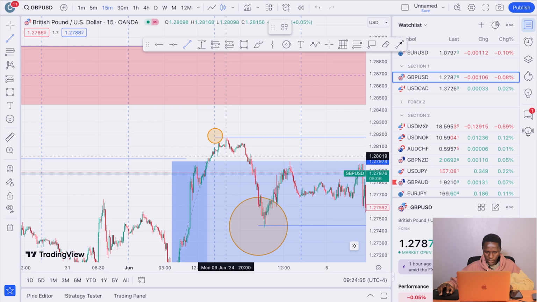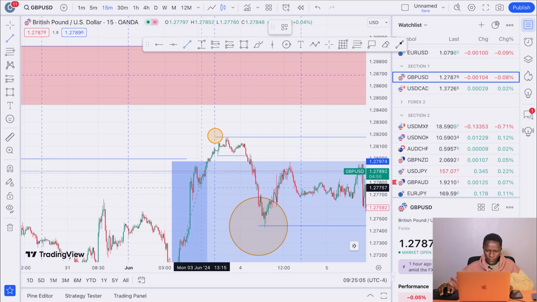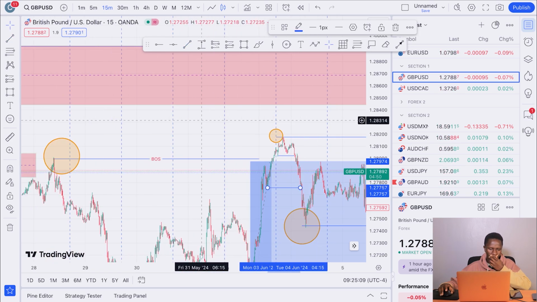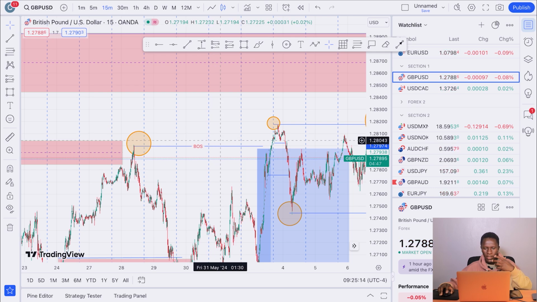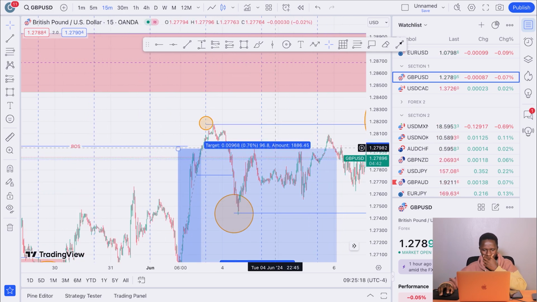It was following structure. Let me break this down so that we don't waste much of our time. This was our inducement, and this here was our choke, because the market had already broken this side. We were expecting it to go further up. Then this was our inducement.